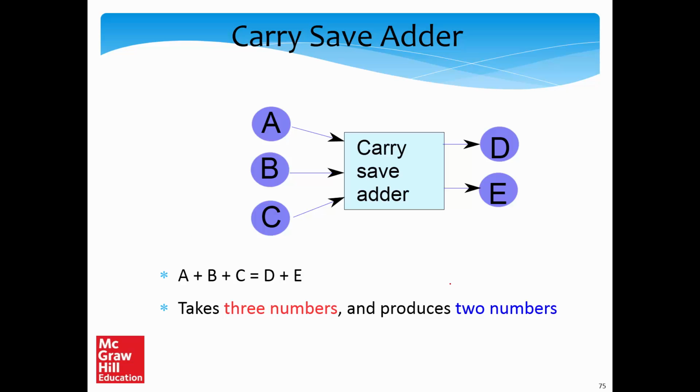Before we discuss how we can do better, it is important for me to mention that there is a new kind of device that we can use, and we have to use. It's a carry save adder.